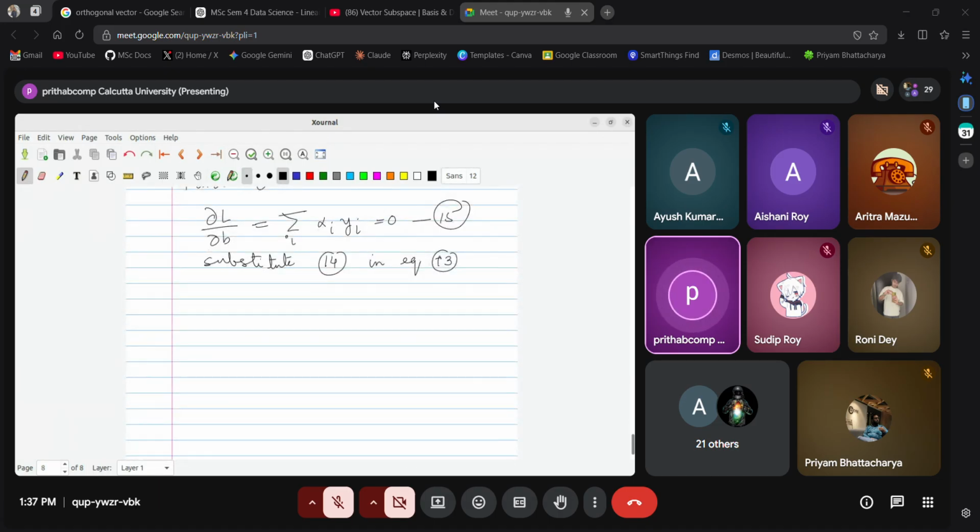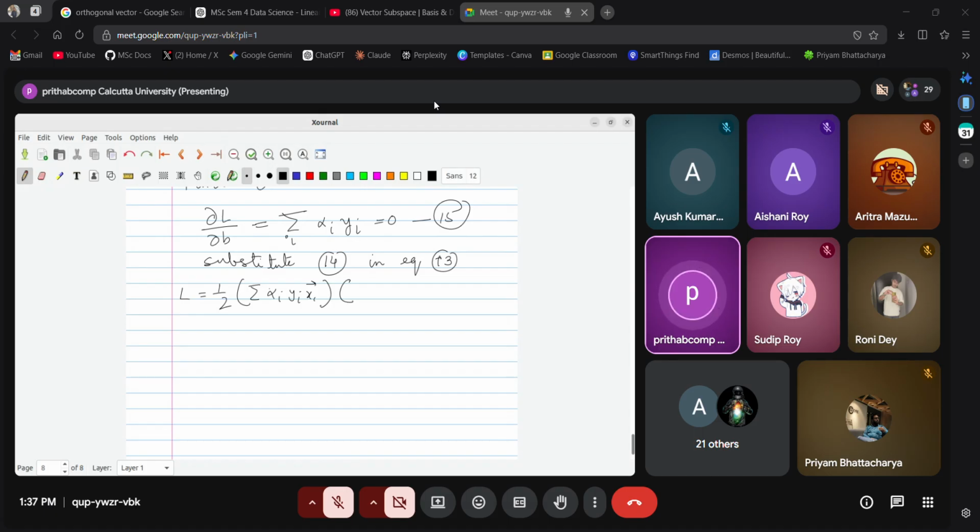So we are substituting the value of w into the objective function L. So L equals half of, put the value of w here, right? So the w value is the summation alpha i yi xi vector.